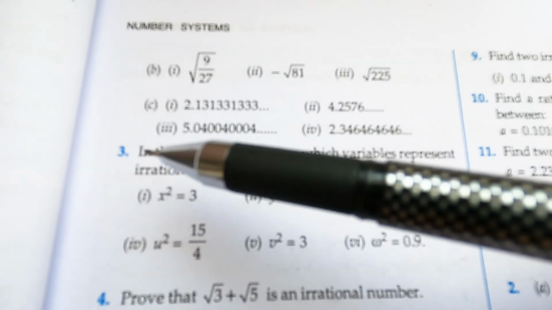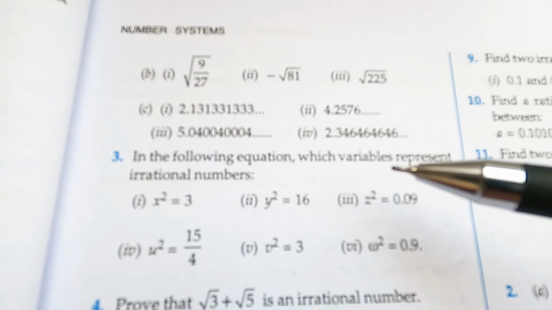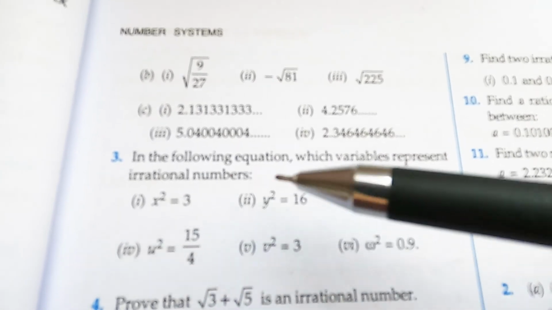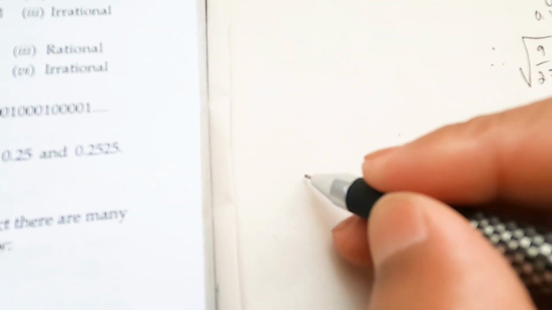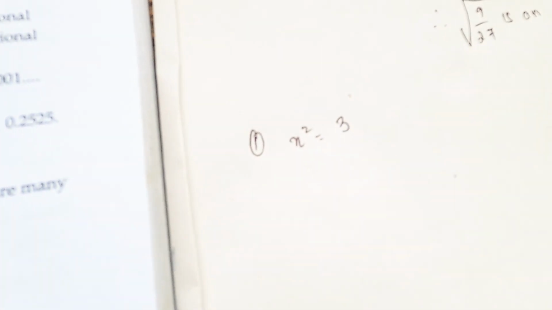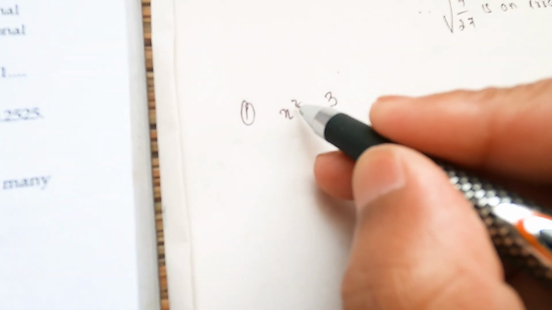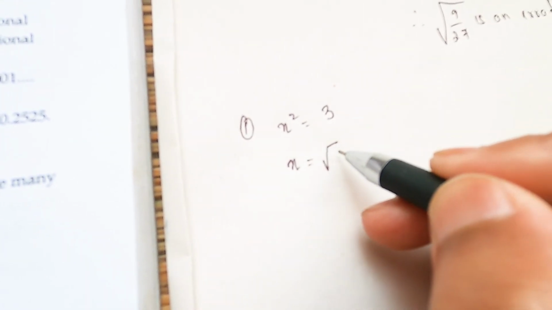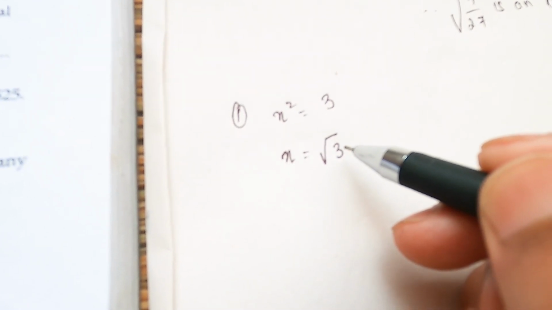Next we will be doing question number 3. So in the following equation, which variable represent irrational numbers? All right, I will just show number 1, and then the rest you can try it down by yourself. All right, so number 1 we have x squared is equal to 3. So in this case when we remove the power square, so what will happen to 3? Square root. All right, there will be a square root for 3.